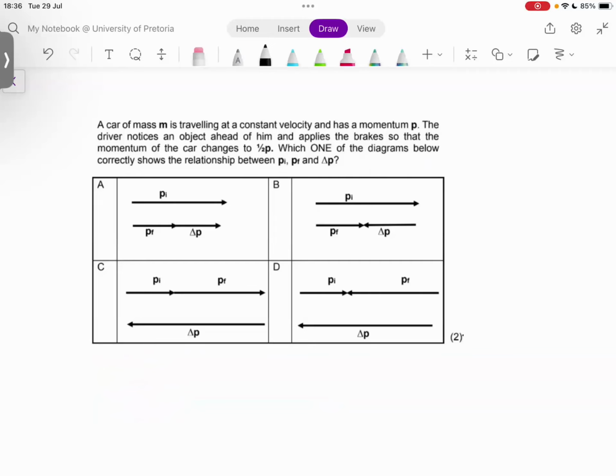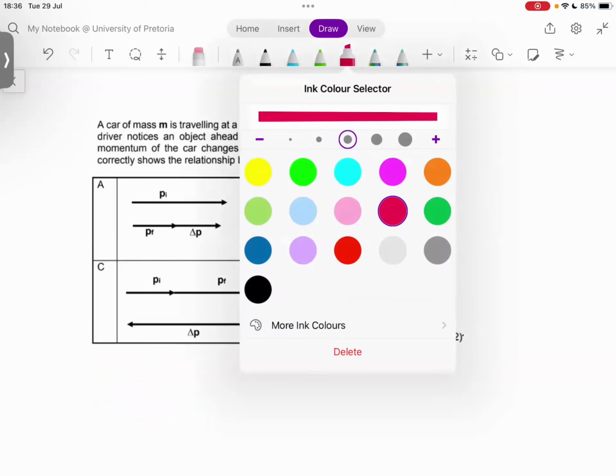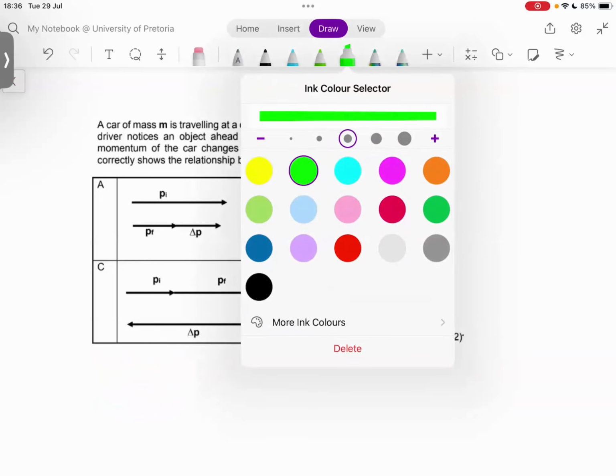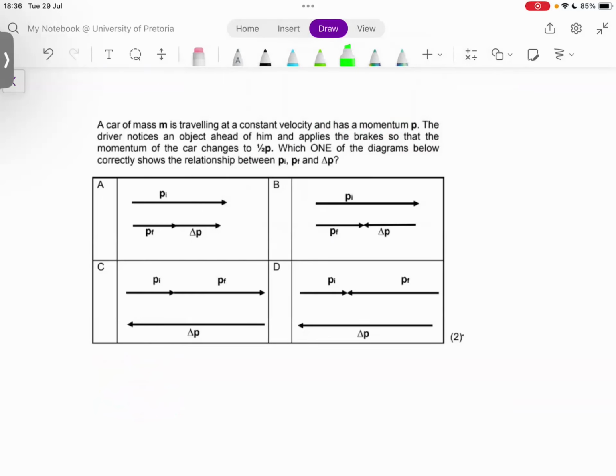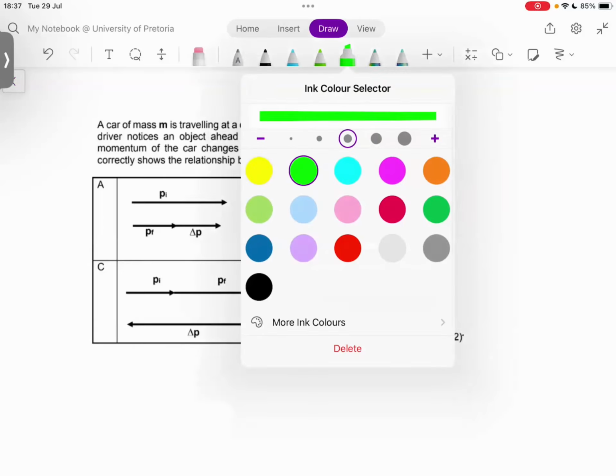A car of mass m is traveling at a constant velocity and has a momentum of p. I'm going to highlight that in green. So it travels with the momentum of p. The driver then notices an object ahead of him and applies the brakes so that the momentum of the car changes to half of p. Let me highlight that in red.